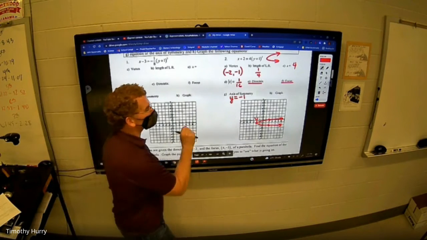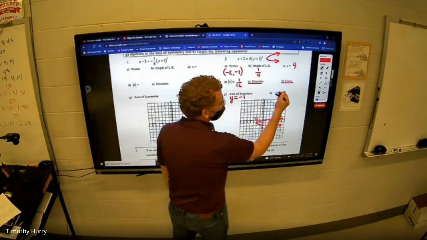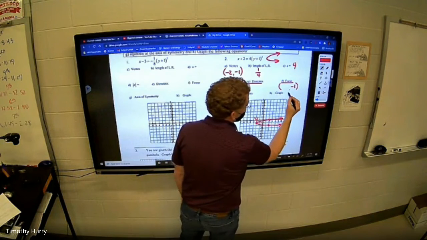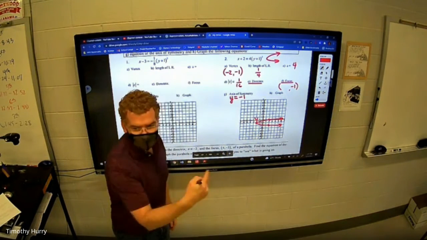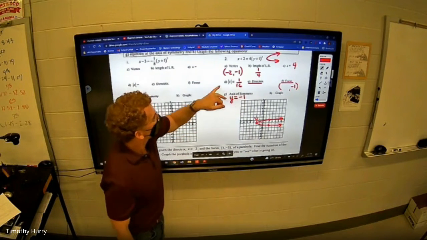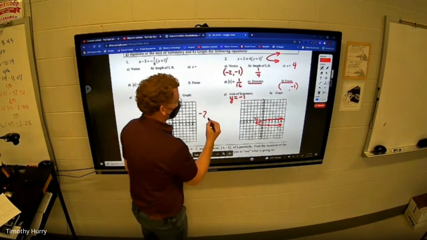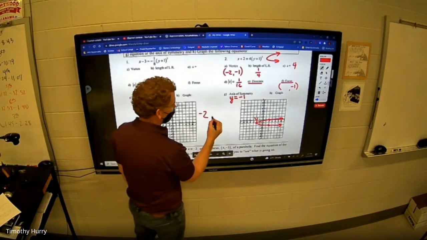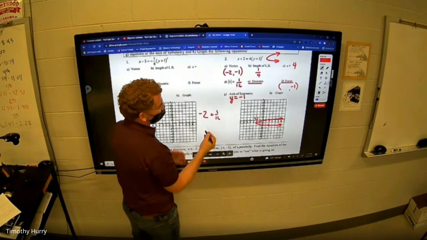So if I move to the right, is my Y value changing? No, so it's still -1. How much to the right am I going to move? C, 1/16. So from -2, am I going to add or subtract 1/16 if I move to the right? I'm going to add.